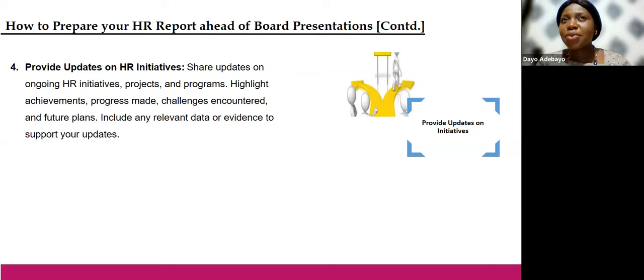Don't forget, we are the ones managing the most important asset of the organization, so it is very important that you show them that their interest is assured. So talk about the achievements or the progress. If you have not achieved it, maybe you made progress quarterly or thereabouts, you have to let them know the progress made and challenges encountered.